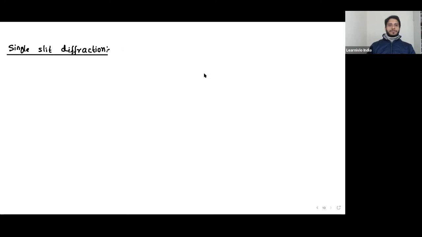So in the experiment that we just discussed, this is the source and this is Fraunhofer.